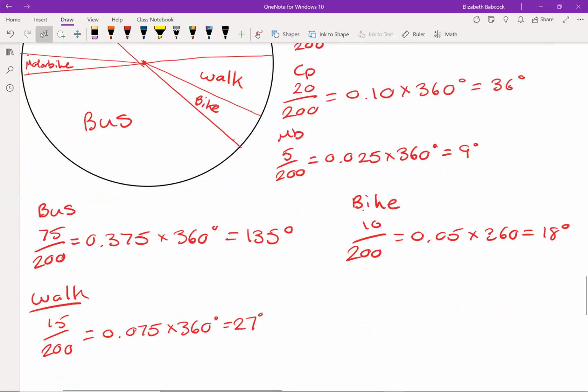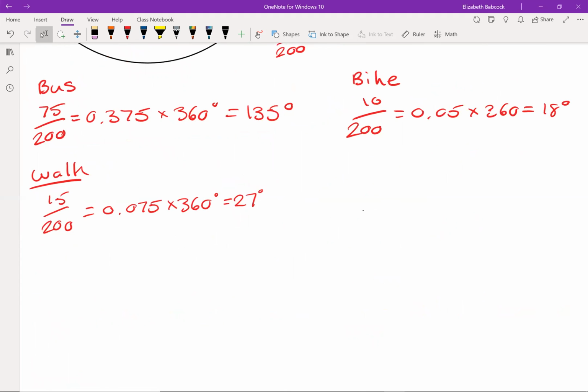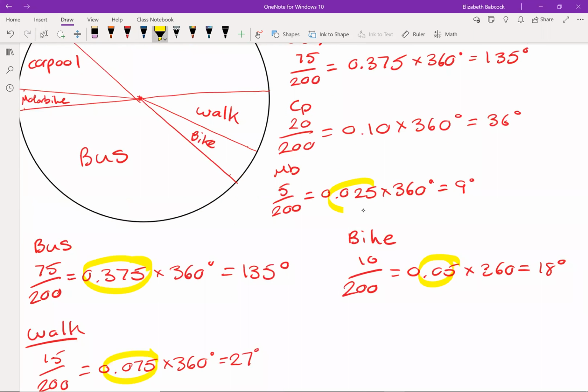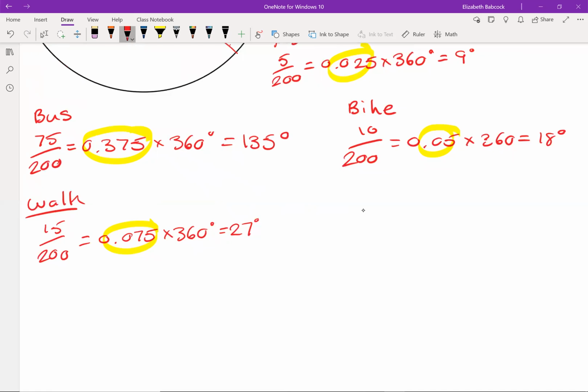That's okay. So how to get your percentages if you are doing this by hand. All it is, take your decimal forms and multiply them by 100 to get your percents. So if you do that, you have car alone was 37.5%. Carpool was 10%.